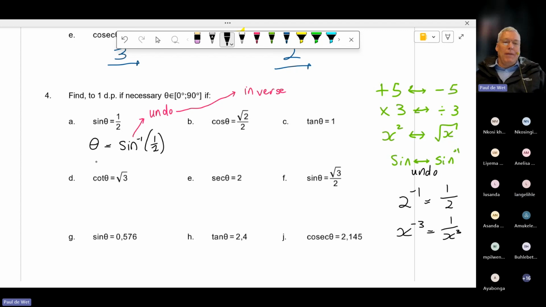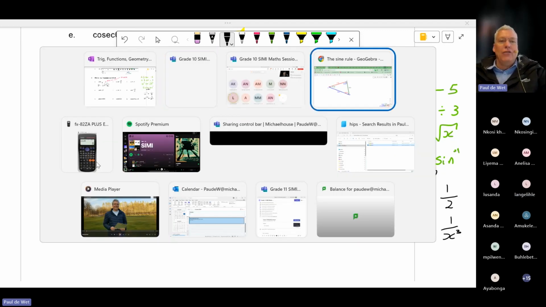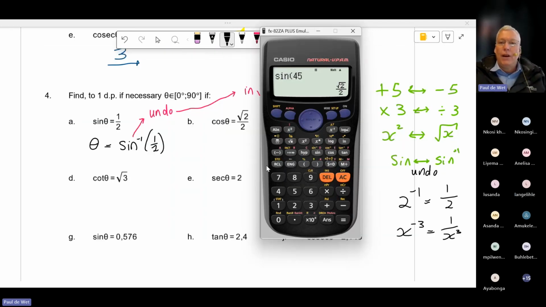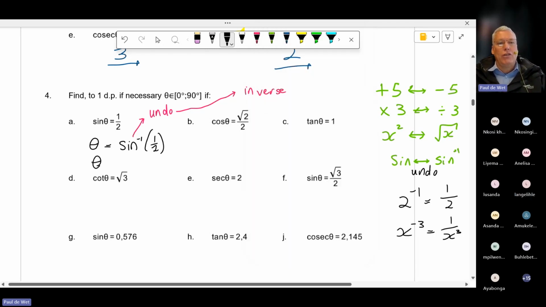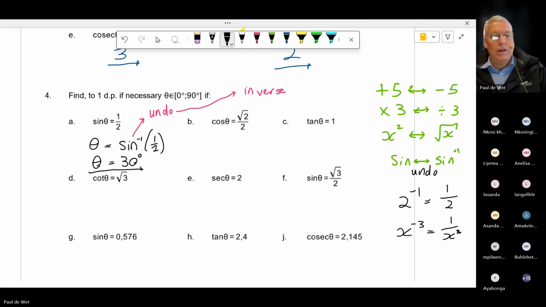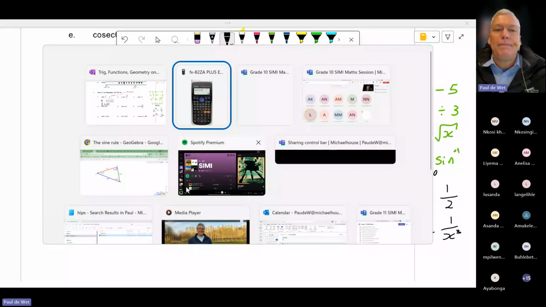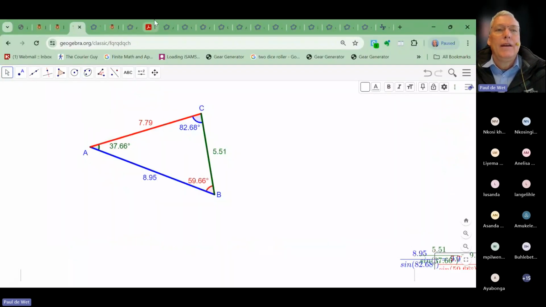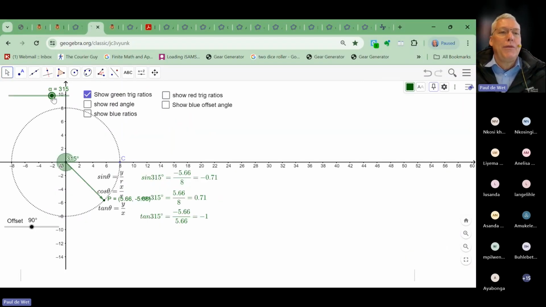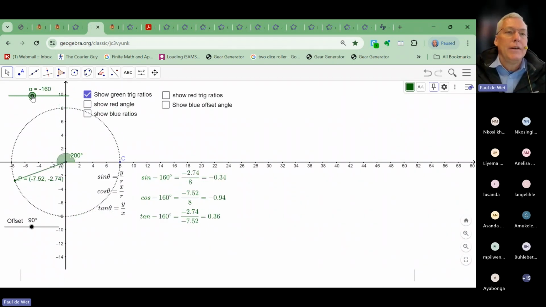On my calculator, if I undo sine of a half, I go shift sine of a half. I get 30 degrees. Let me show you again.